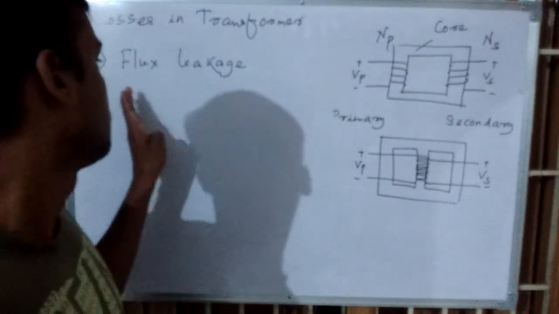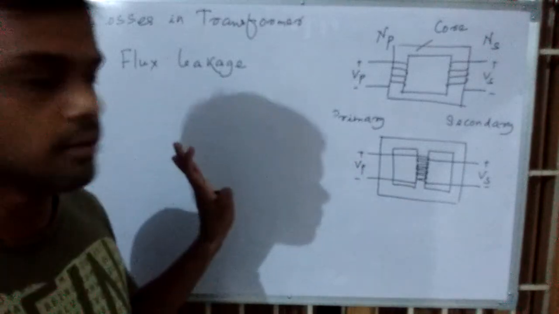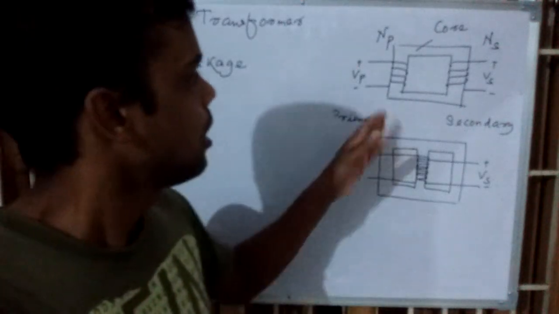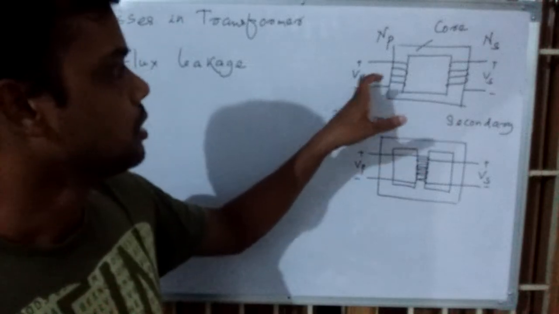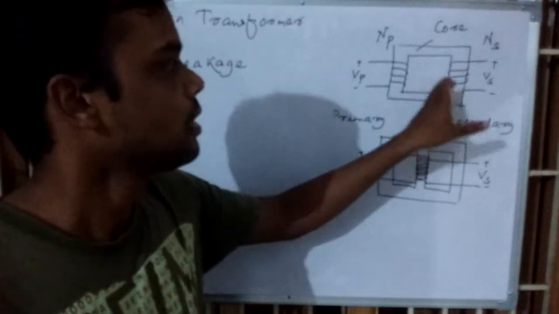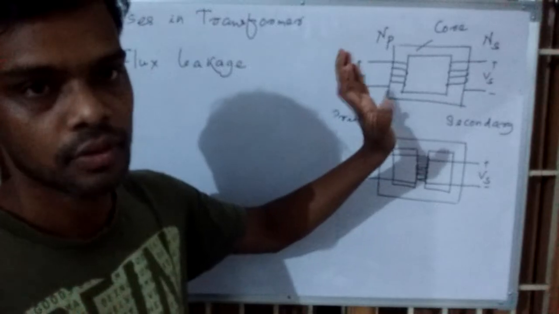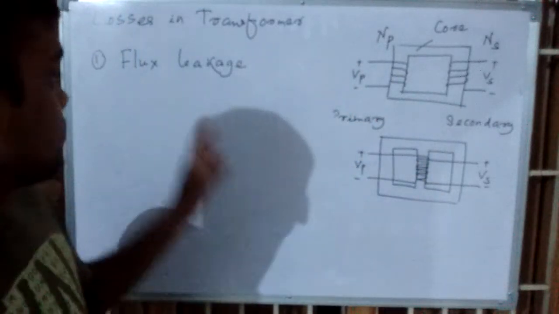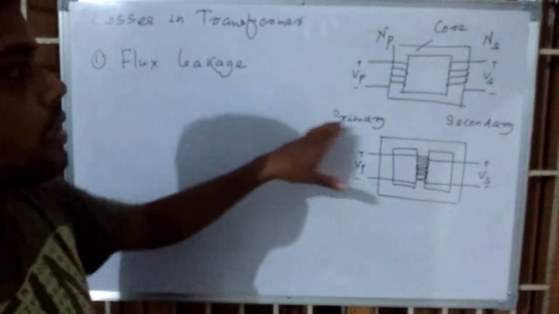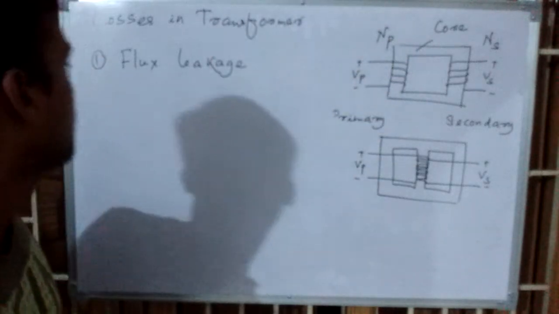You can also write it in your own language. Nothing mathematical here, only definition. So if you apply a voltage here, not all the magnetic fields link to the secondary coil. That's why there is a leak of fluxes, they are going in other directions.